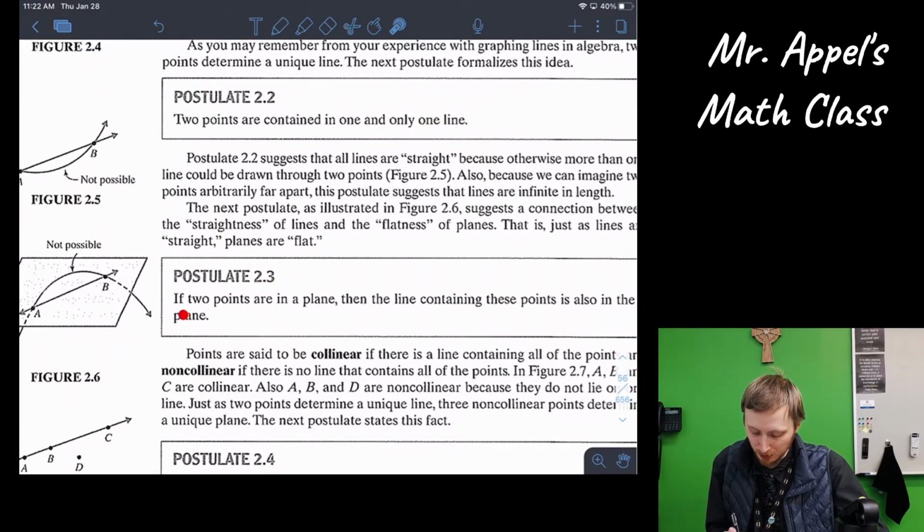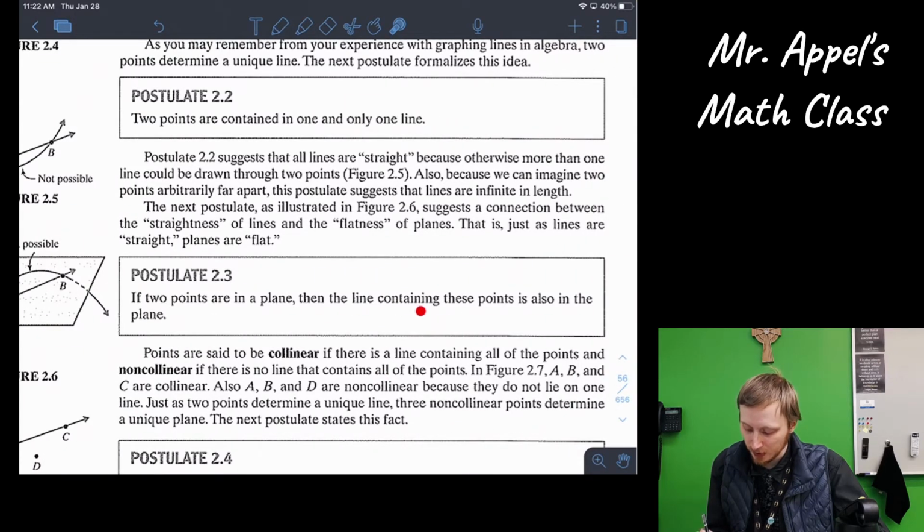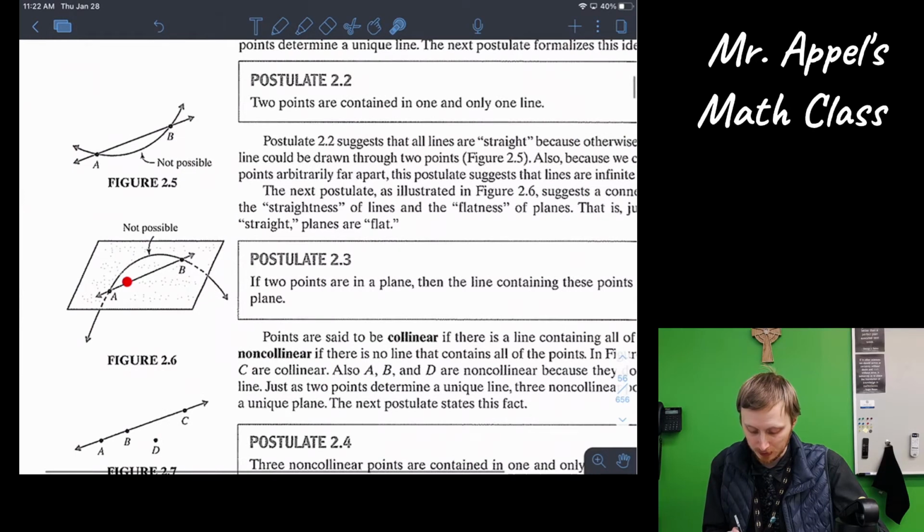Postulate 2.3. If 2 points are in a plane, then the line containing these points, remember, 2 points define a line, is also in the plane. Okay?